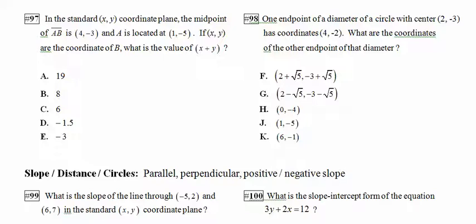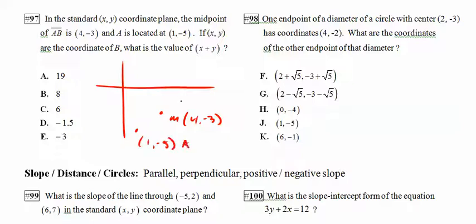Now this is what they like to do, give you the midpoint at 4, -3, and then say, well, one of them is at 1, -5. That's point A. What's point B going to be up here? So I like to do this, how far over, how far up, then I'm going to do that again.